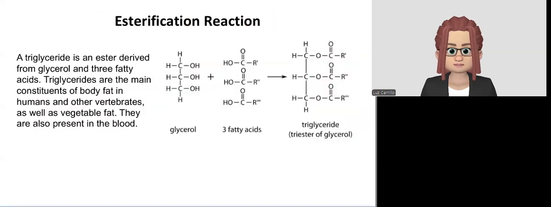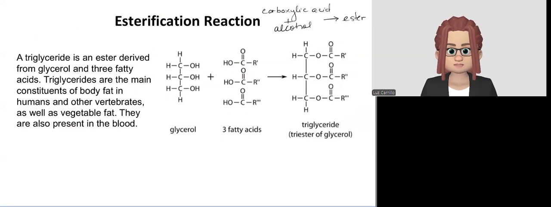Let's get started. The first reaction that we are going to see is esterification. Before, in esterification, we learned how a carboxylic acid and an alcohol make an ester.